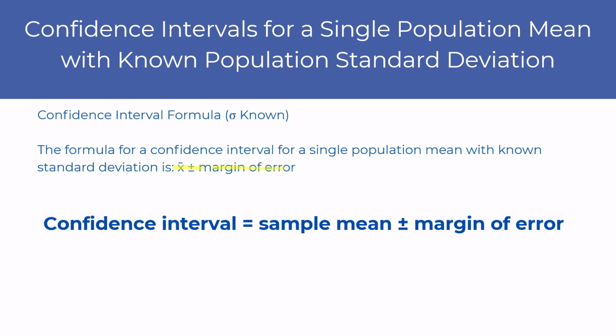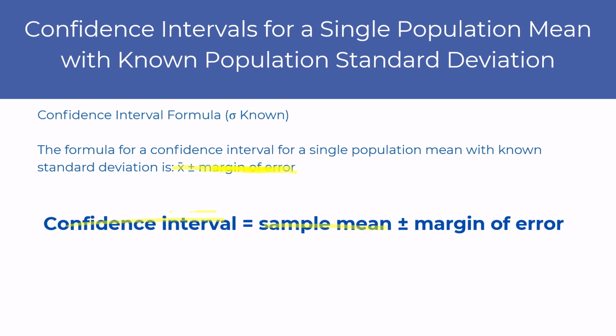Okay, plus minus the margin of error. So the margin of error here represents the critical value. So we have the Z value, that's the critical value, multiplied by the standard error, or the sample mean standard deviation. Okay, so you see the format. Confidence interval is equal to the sample mean, or x bar, plus and minus the margin of error.